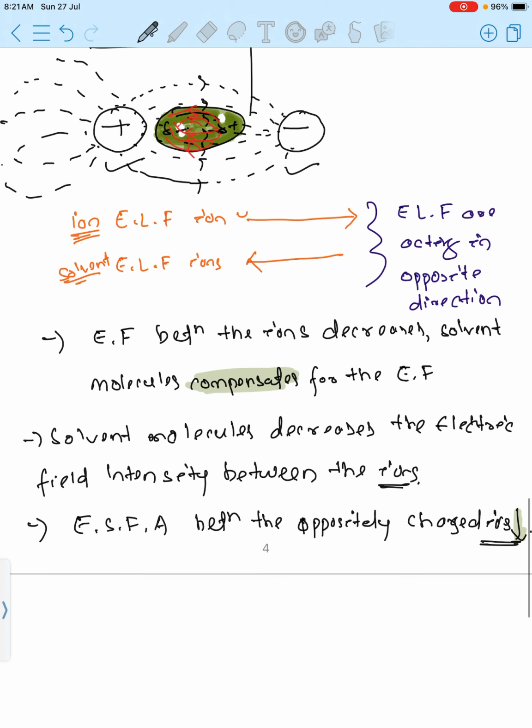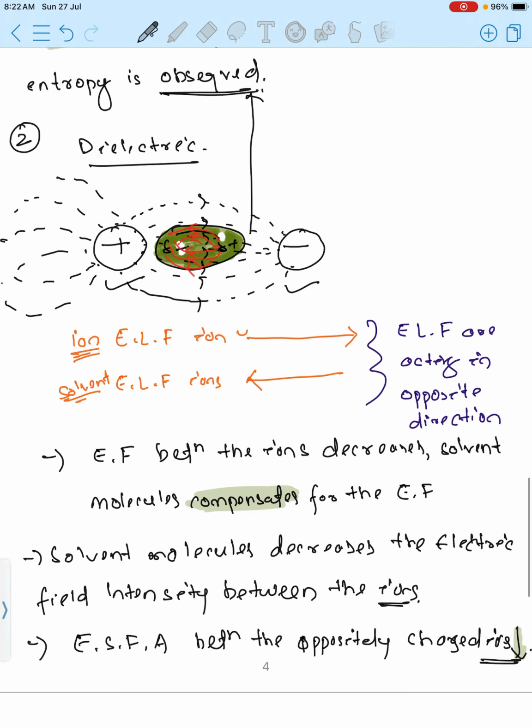and therefore the ions will become more and more free with further alignment of the solvent molecules in between the ions.